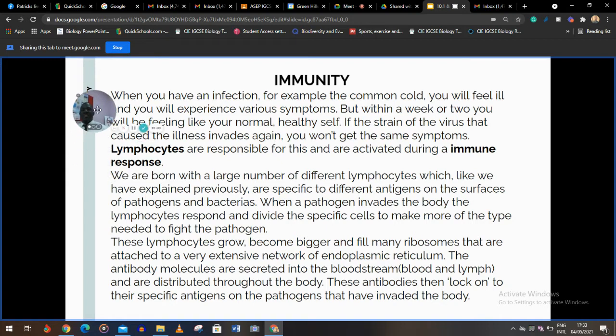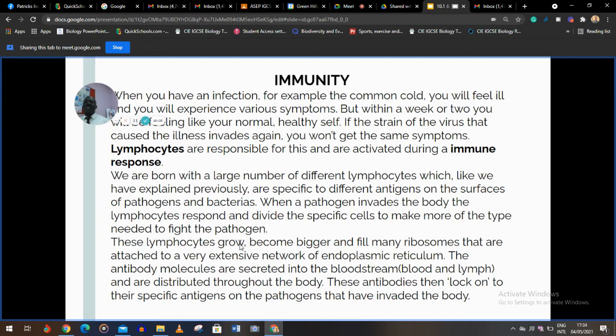What is the immune response? We are born with a large number of different lymphocytes, which, like we have explained previously, are specific to different antigens on the surfaces of pathogens and bacteria. When a pathogen invades the body, the lymphocytes respond and divide, making more of the specific type of cell needed to fight the pathogen.